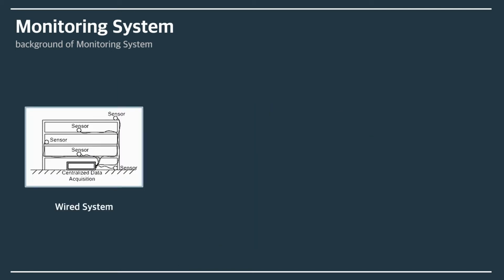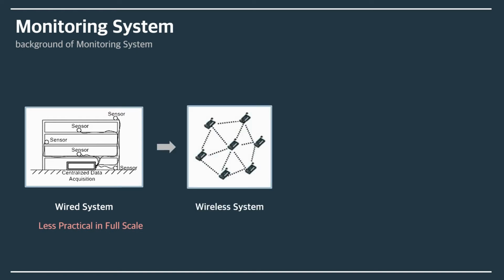However, these monitoring systems were wired systems, making them difficult to apply to skyscrapers. That is, when sensors are distributed across large and complex structures, they become less practical as they go full scale. Soon, technological advances put radio systems in place, but the problem was that there can be interference of radio frequencies.